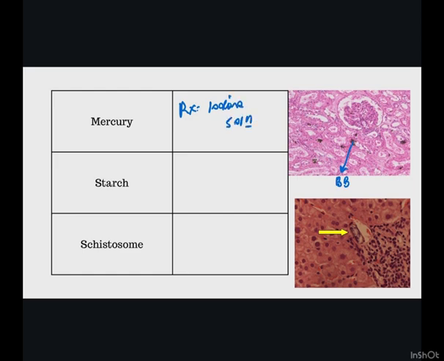The next is starch. Starch usually occurs in tissues because of using powdered gloves. And these are usually PAS or GMS positive.